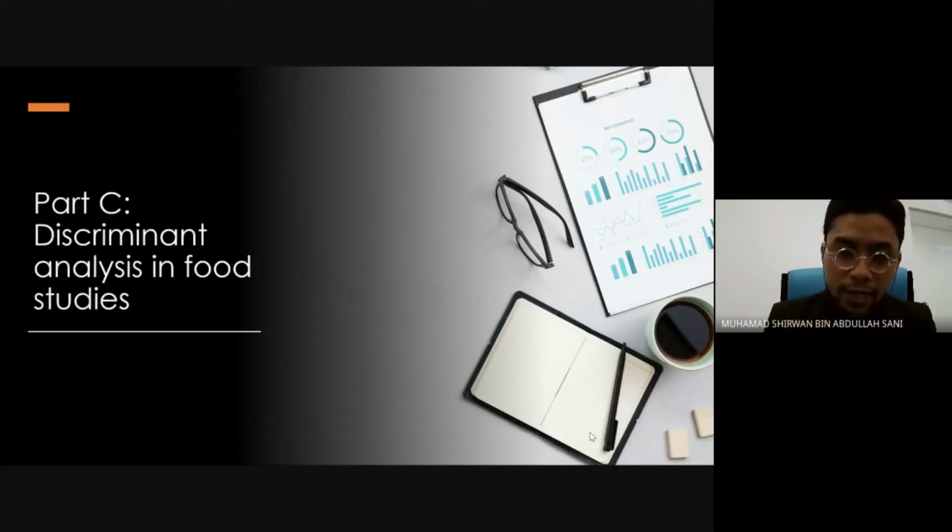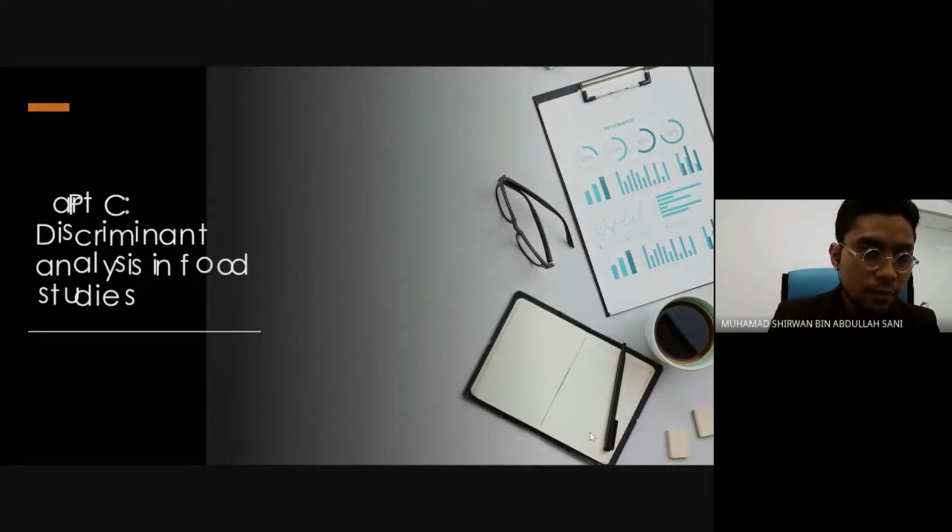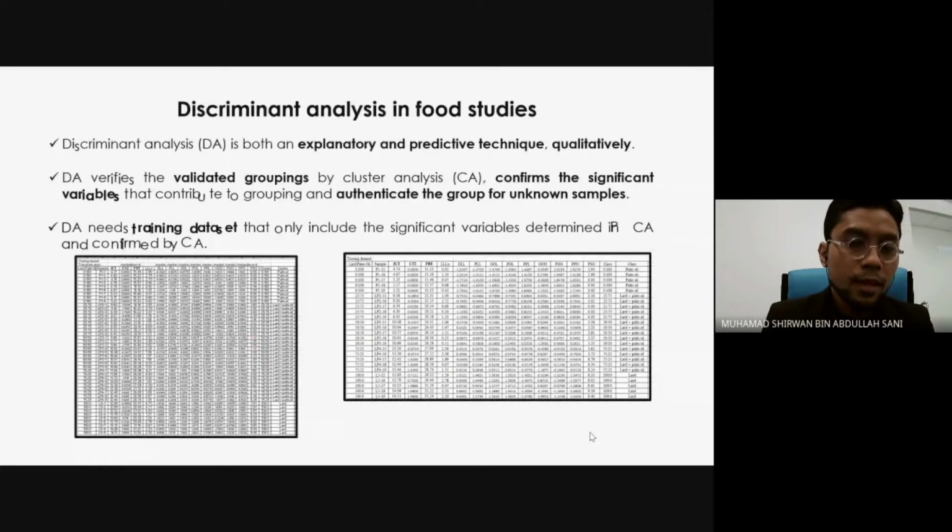So for today, we are going to go to the next part, which is discriminant analysis in food studies. Discriminant analysis is both an explanatory and predictive technique. When we talk about explanatory, it is almost similar with PCA.